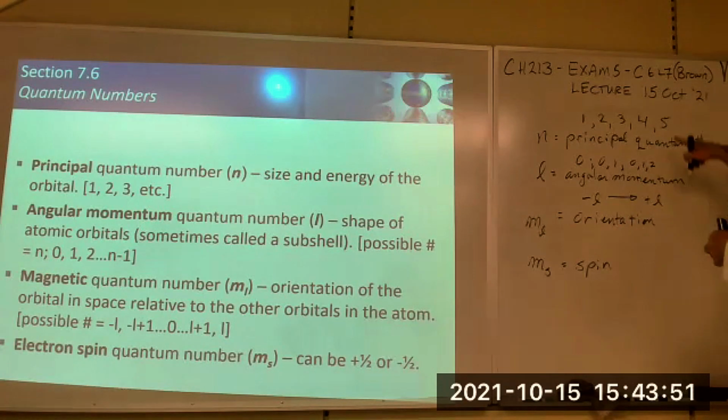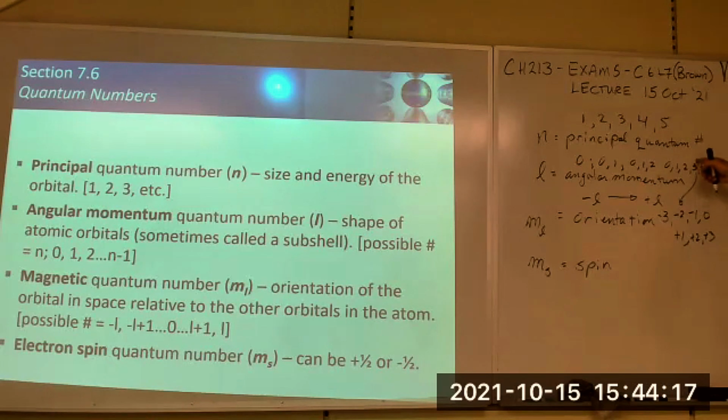So let's say we have 5 here, and we have 0, 1, 2, 3, 4. We could take 3. So 3 would give you minus 3, minus 2, minus 1, 0, plus 1, plus 2, and plus 3. Those are the possibilities in this level.